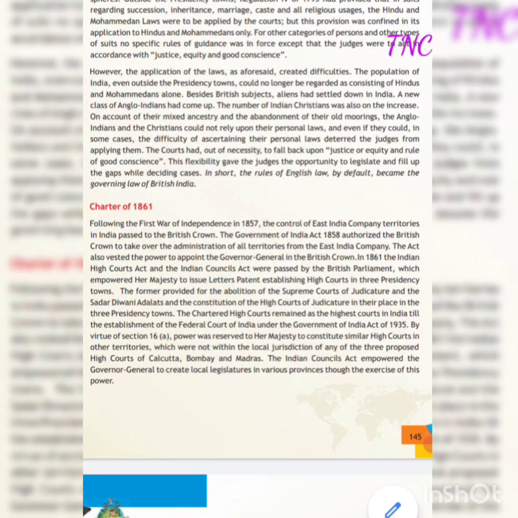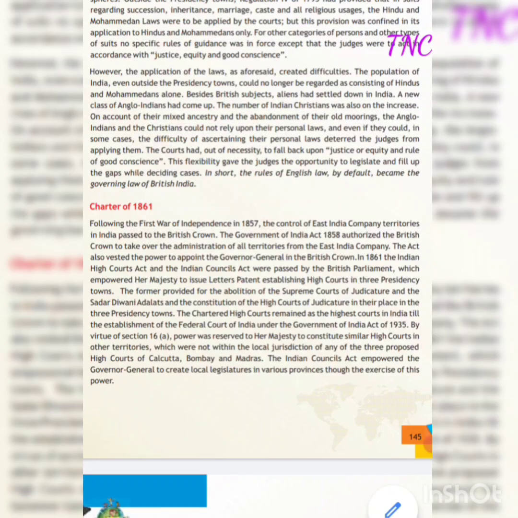The authority which was ruling India before the 1857 revolt was the East India Company, right? But after this revolt took place, the Government of India Act 1858 gave power to the British Crown, that is the British King, to directly control and administer all the territories which were occupied by the East India Company at that time.